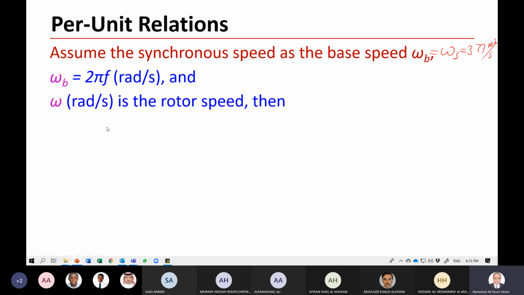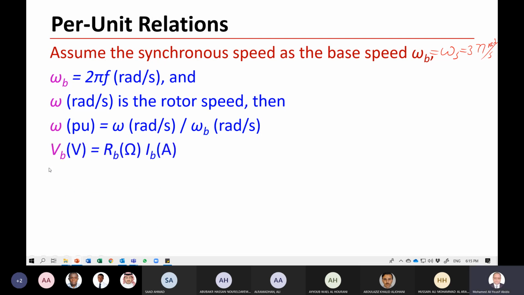Okay, so this is 2 pi f. Omega is the rotor speed. Of course, omega per unit is equal to the actual value over the base value. So just straightforward. V base equal to the base resistance times the base current, or base impedance or base reactance. V base is also equal to omega times lambda.